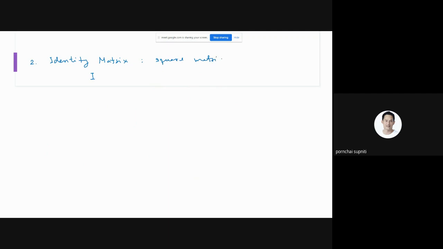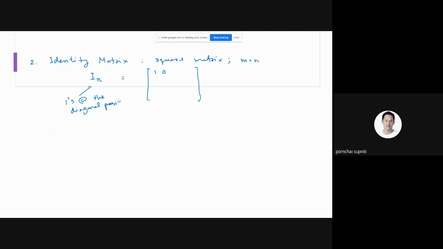Let's say m equals n. So I_n is defined as a matrix with n rows and n columns. And for this matrix, you have one at the diagonal position.